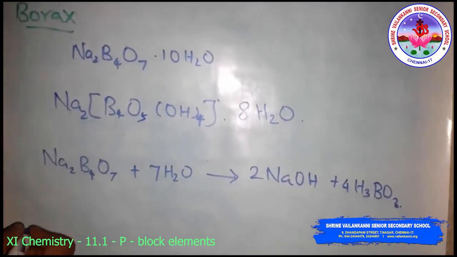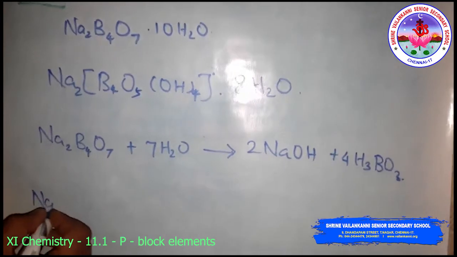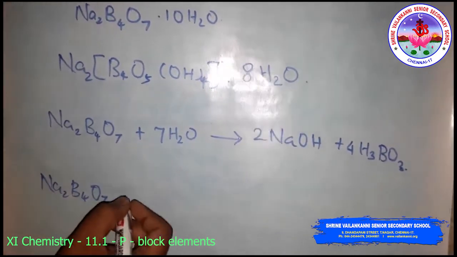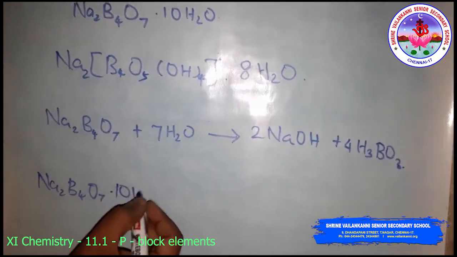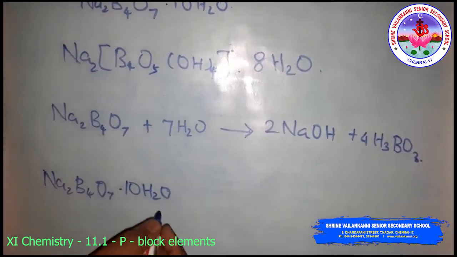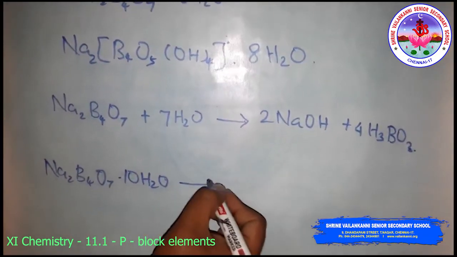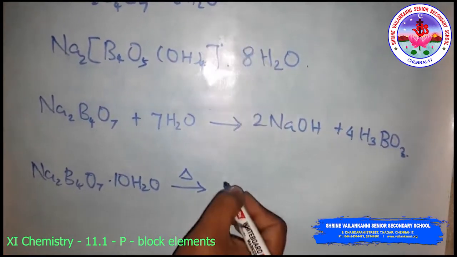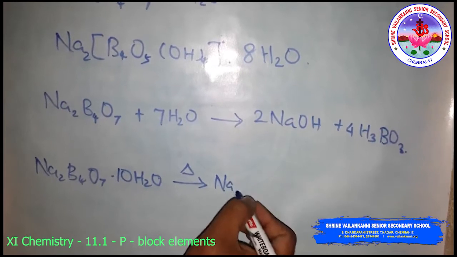So, Na2B4O7·10H2O, borax on heating gives sodium metaborate.